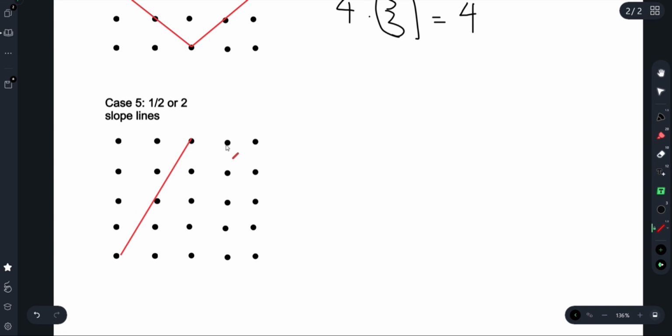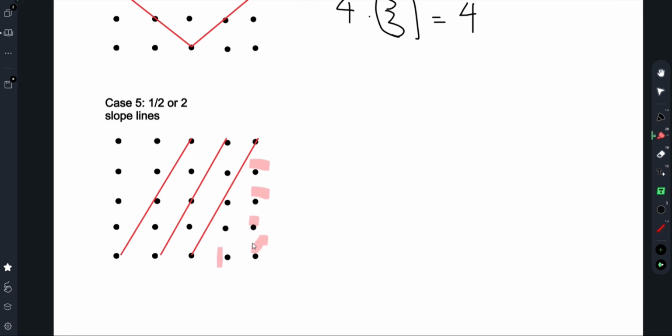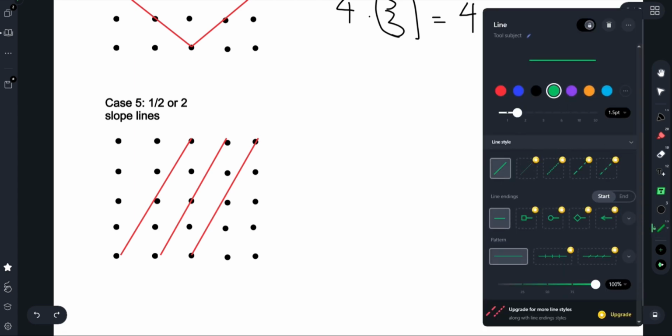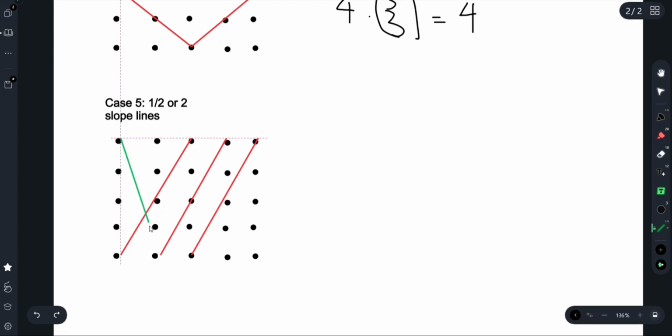Sorry for the bad graph, but this goes through this point. So all these also work, and they have slope as follows: 1, 2, 3, 4 over 1, 2. So that's the slope 2. So there's 3 on this side. There is 3 on this side.